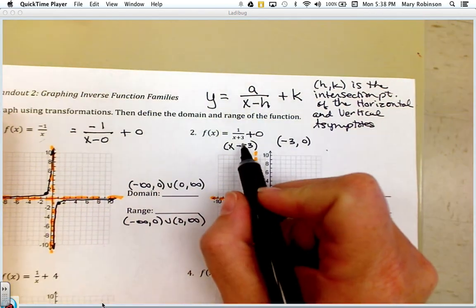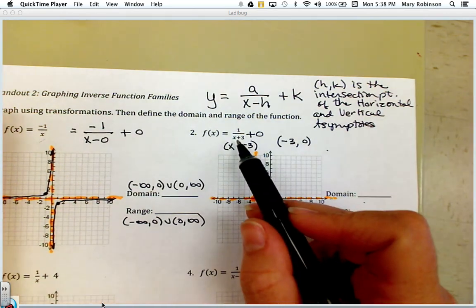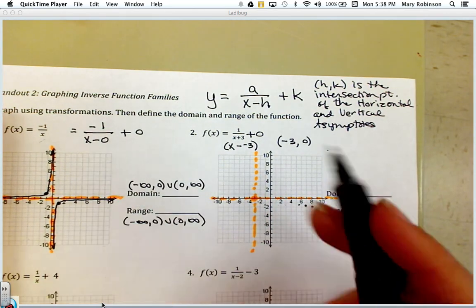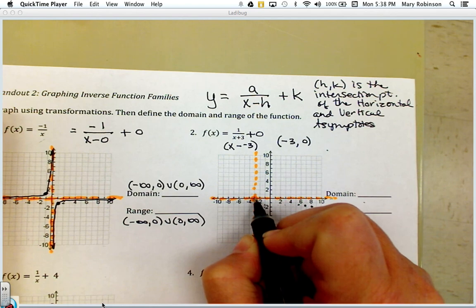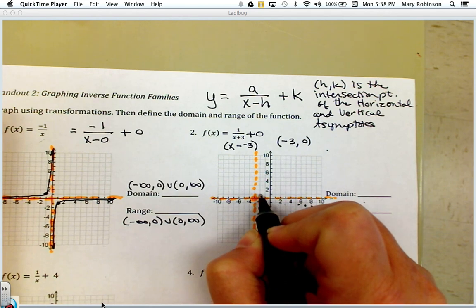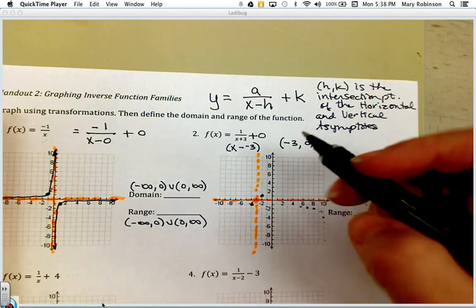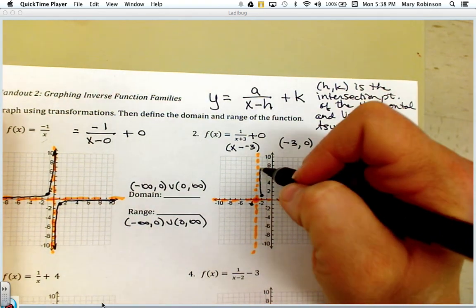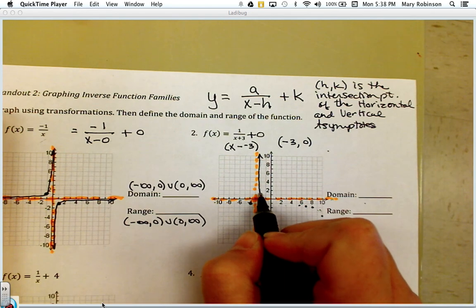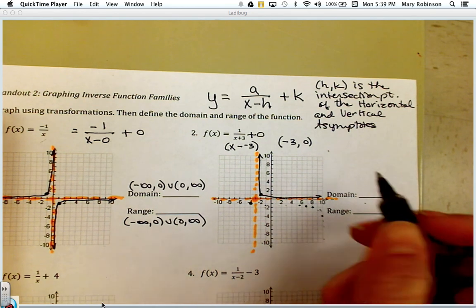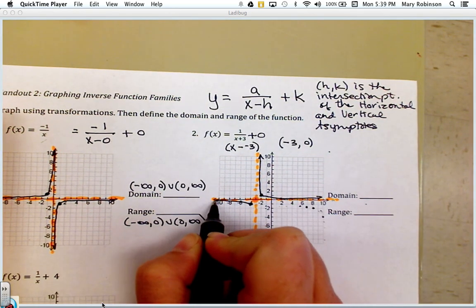So to graph this, there's nothing to indicate that I would not use an a value of 1, meaning from my intersection point of my asymptotes, I'm going to go right 1 and up 1 and put a point. I'm going to go left 1, down 1 and put a point. And I'm simply going to, again, make my graph approach but not cross the asymptotes that I've created here.